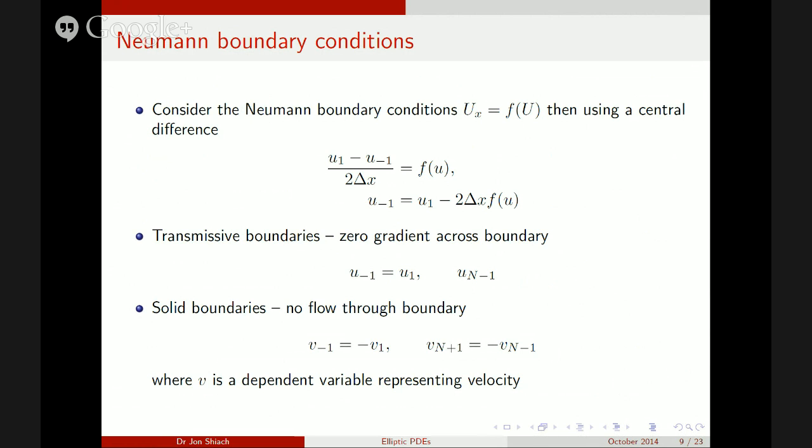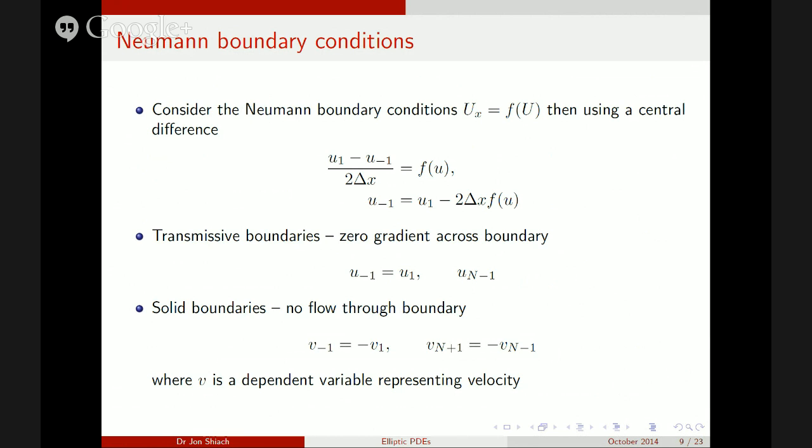Quite often we want what we call a transmissive boundary. This is a boundary where it allows any flow to escape through the domain without hindrance. If we're modeling water and you use the transmissive boundary, any waves will just flow out the boundary as if it wasn't there. So if you set f of u to be 0, you simply get this one there.